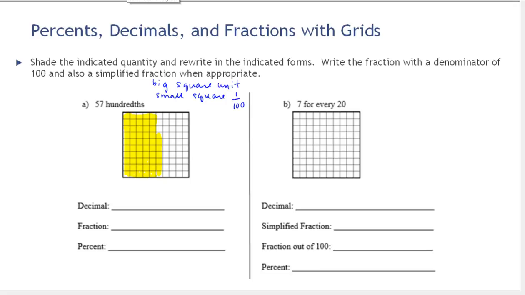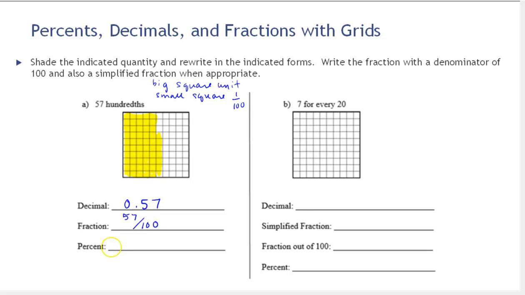Well, 57 hundredths as a decimal is 0.57. So 5 tenths and 7 hundredths, or 57 hundredths. As a fraction, since each one of these is 1 100th, we have 57 copies of 1 100th, or 57 over 100.